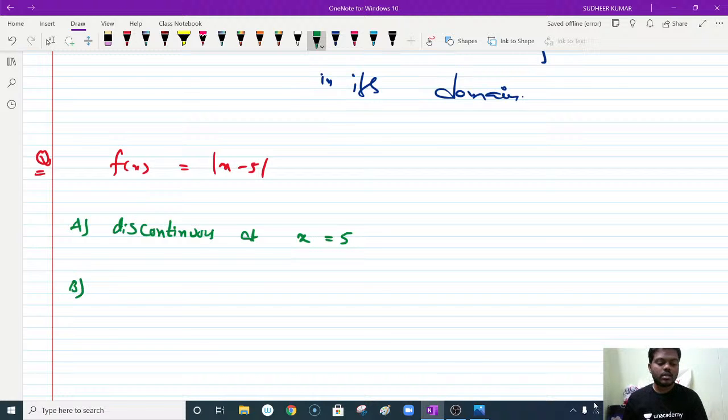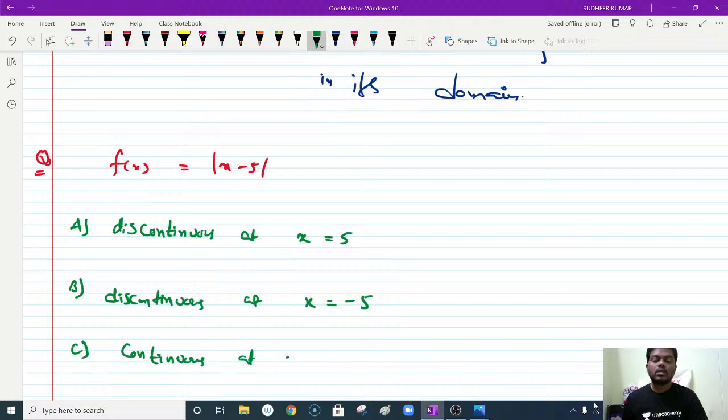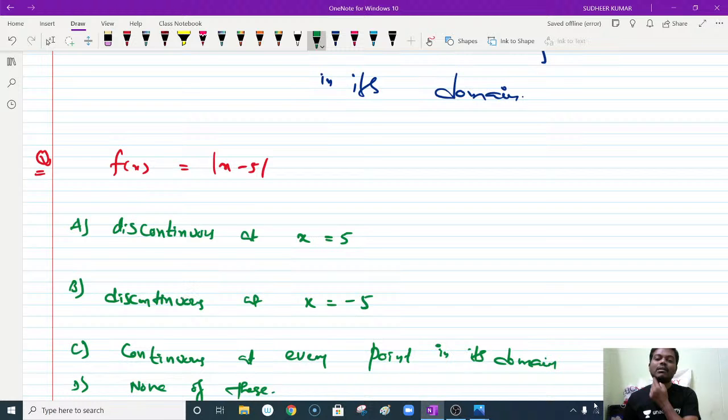B is discontinuous at x equal to minus 5. C, continuous at every point in its domain. And the next one is none of these. So which is the correct answer?